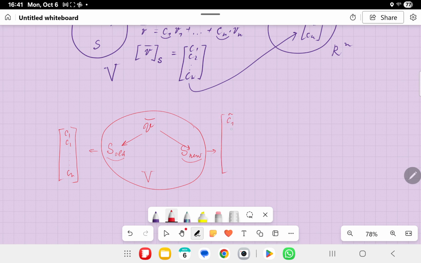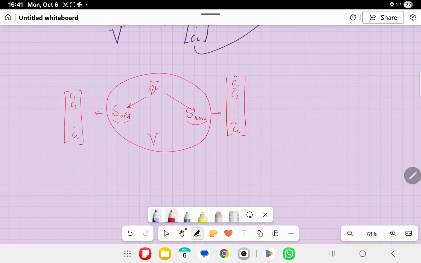I'm going to label them C1 tilde, C2 tilde, and Cn tilde. Now the question is, how are these two sets going to be related? If both bases work for the same space, how are the coordinates related? That's actually called the problem of change of basis.